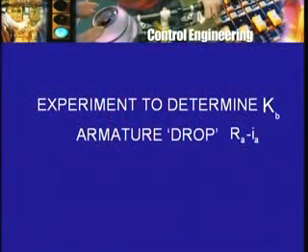Then with a voltmeter we can measure the voltage EB, the back EMF, and at that time no current will be flowing in the armature. Therefore the armature drop, as it is called, the term RAIA is called the armature drop, will be 0 because there is no armature current flowing, but the back EMF is produced, and the back EMF can actually be measured.